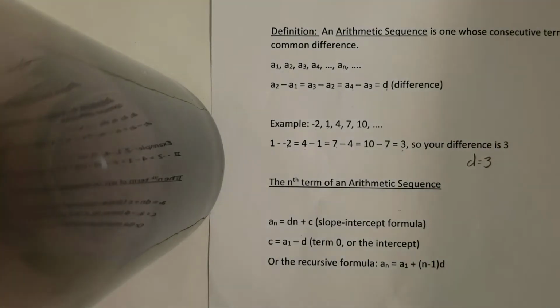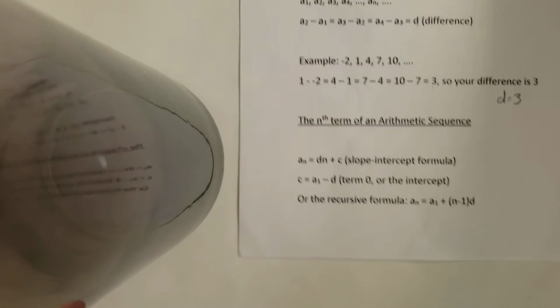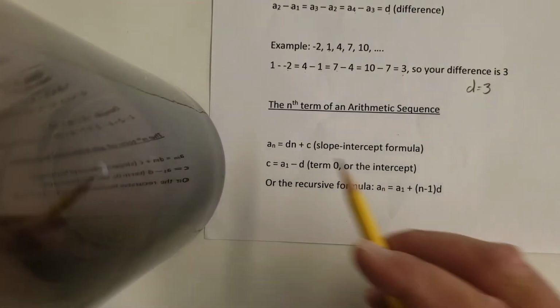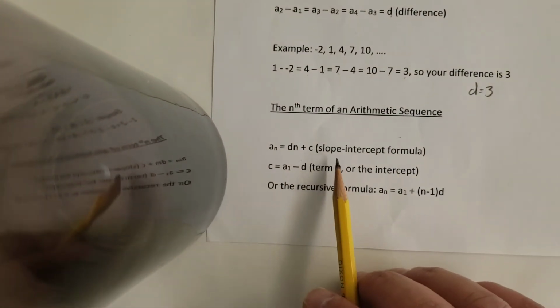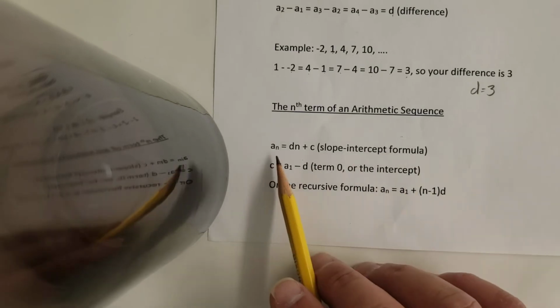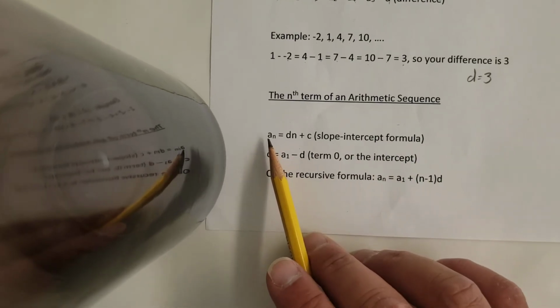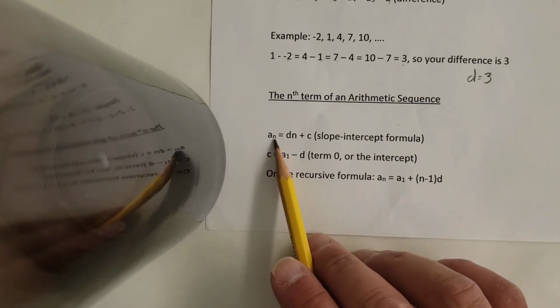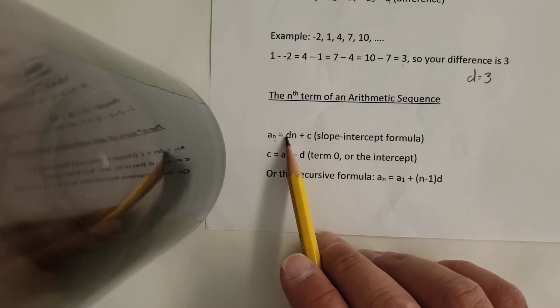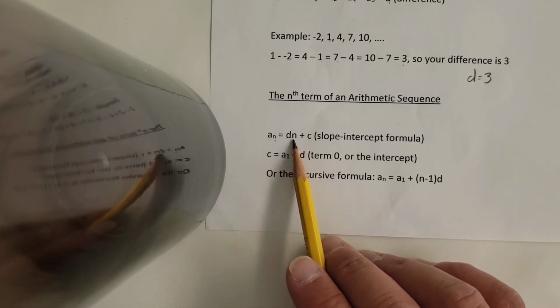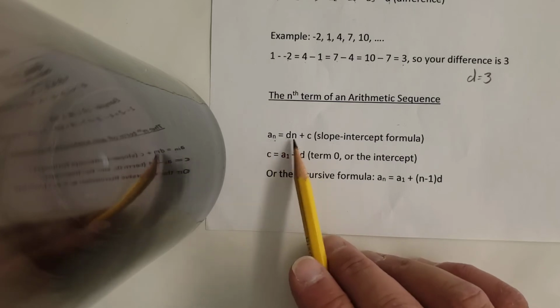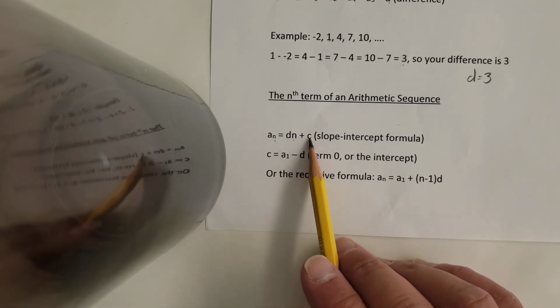Okay? Now when we talk about the nth term of a sequence, I give you an equation. It's very similar to slope-intercept form. Okay? You have a sub n, say that's the 15th term, whatever your difference is, times n, which in the example I gave you would be 15, plus c.